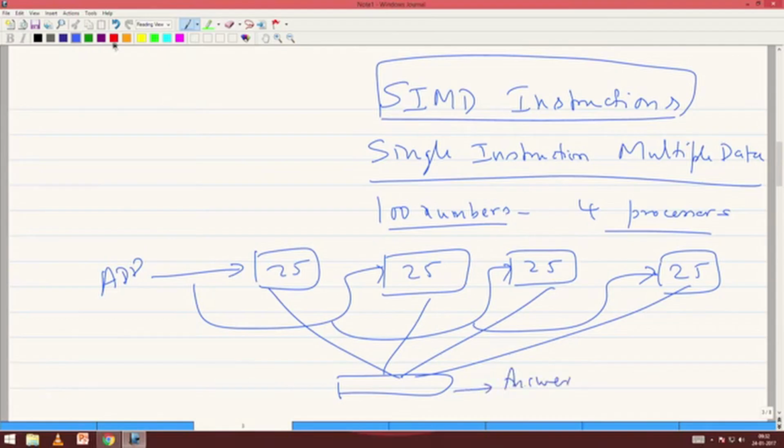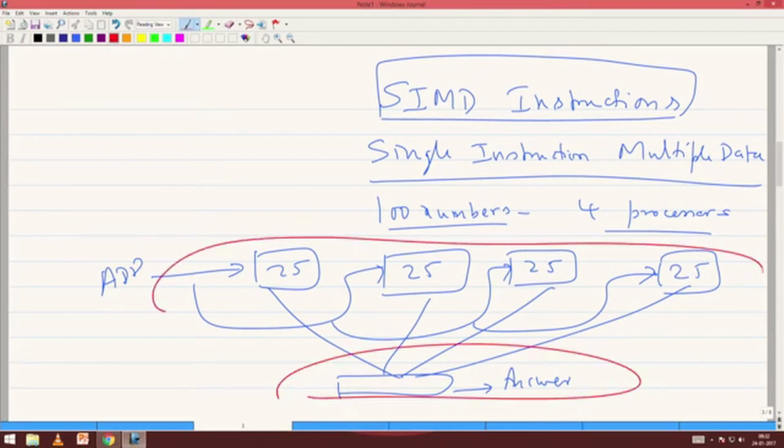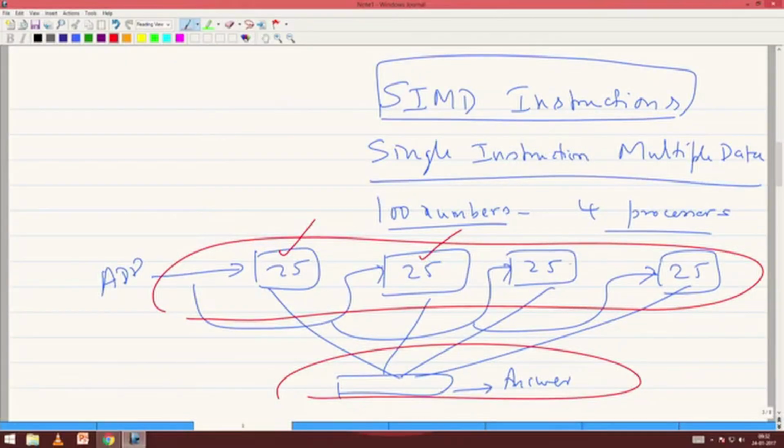Let us not bother about that part of the story, but look at this part. Now I had different sets of data, right? 100 numbers: 1 to 25 was with this fellow, 26 to 50 with this fellow, 51 to 75 with this fellow, and 76 to 100 with this fellow.